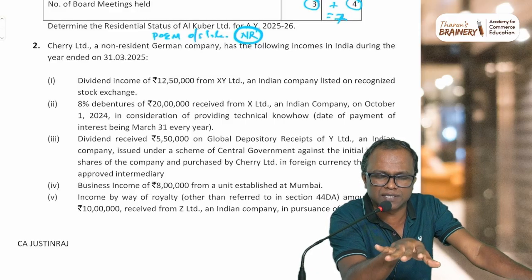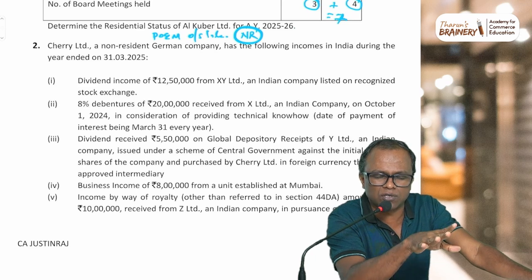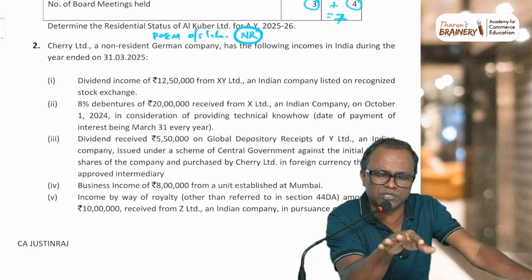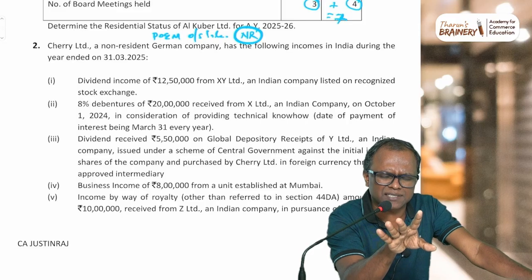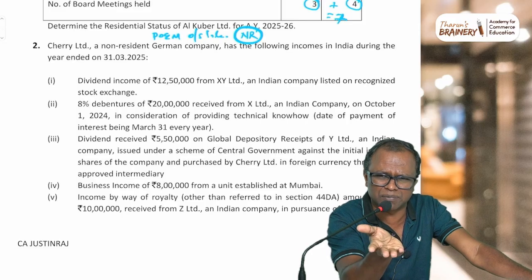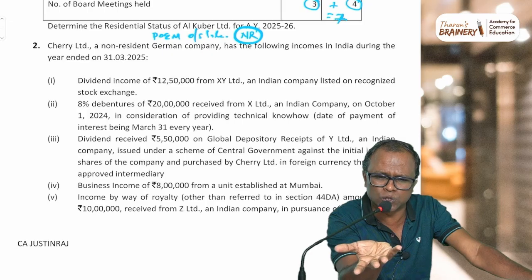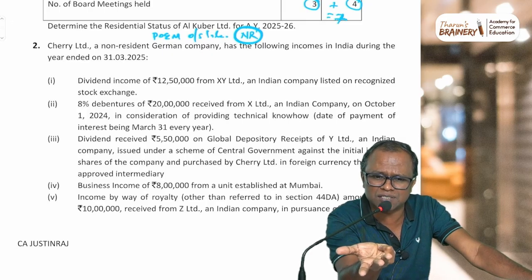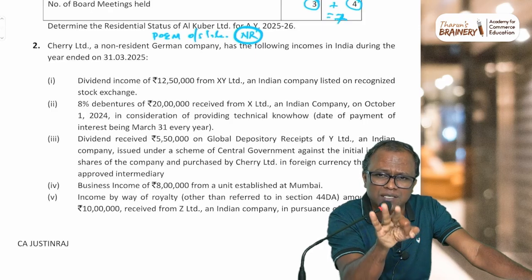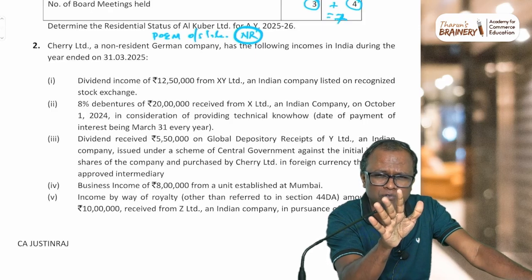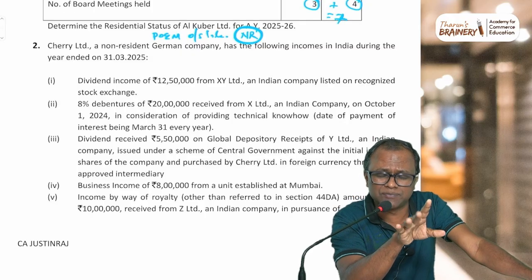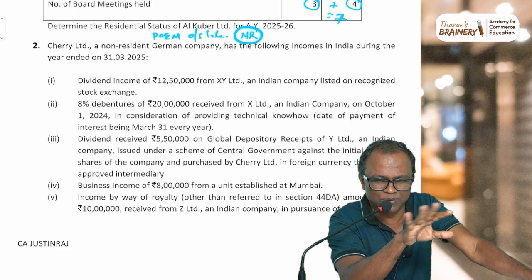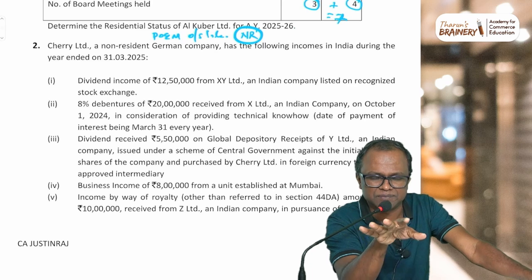But if the question specifically says he doesn't want to go with the default tax regime and wants to opt out, then only we should claim Chapter VI-A. Otherwise, as you are aware, for 115BAC assessees, they can claim only limited Chapter VI-A deductions: 80CCD subsection 2, 80CCH subsection 2 and 80JJAA. Only these 3 are possible. All the other Chapter VI-A deductions are not possible for 115BAC default tax regime assessees. So if the Act uses total income, remember, it is computed after claiming Chapter VI-A.